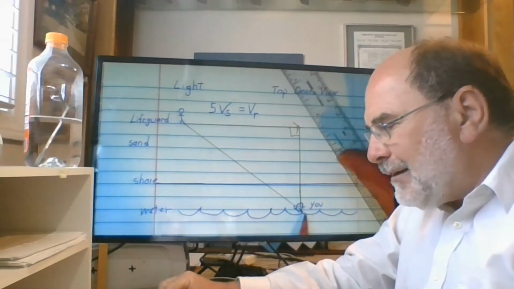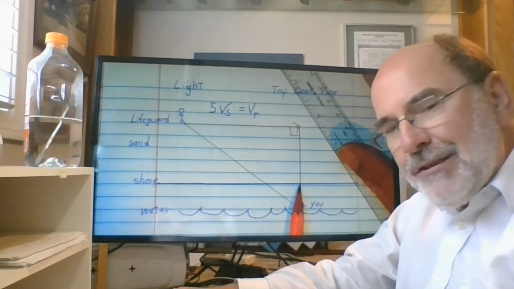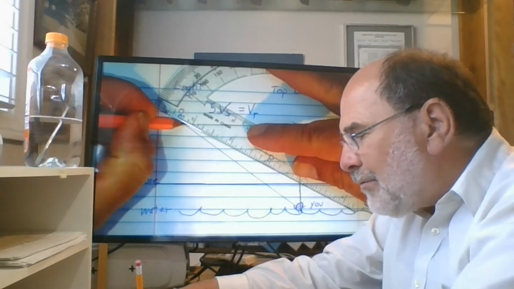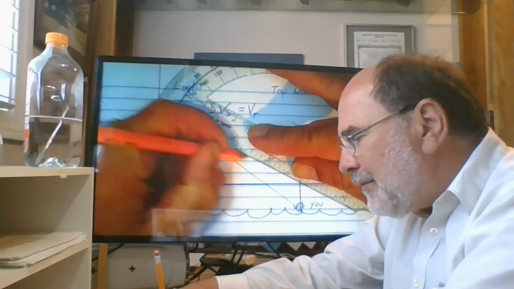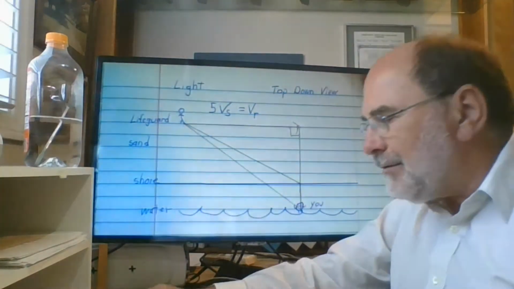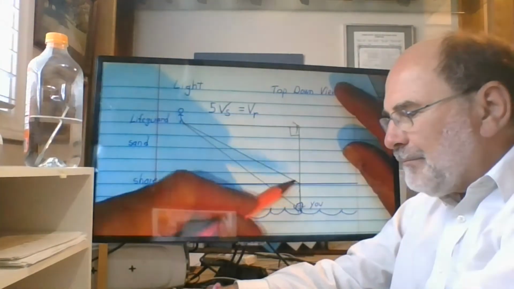And you would say, yes, have the least distance that you have to swim in the water, but no, don't go at a right angle, cut off that triangle, turn it into a diagonal, a hypotenuse that goes like this.